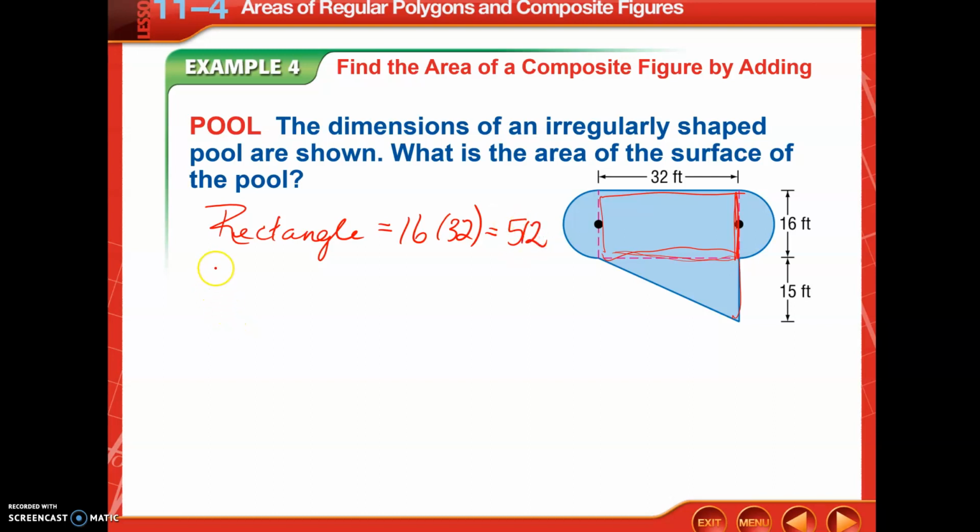The area of the triangle, which would be this triangle here, would be 1/2 base, so 1/2 times 15 times 32. Which gives you 240.